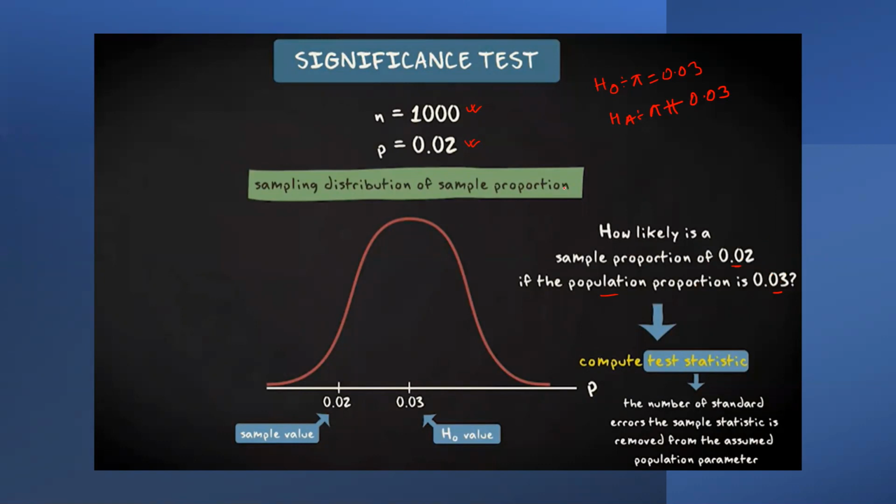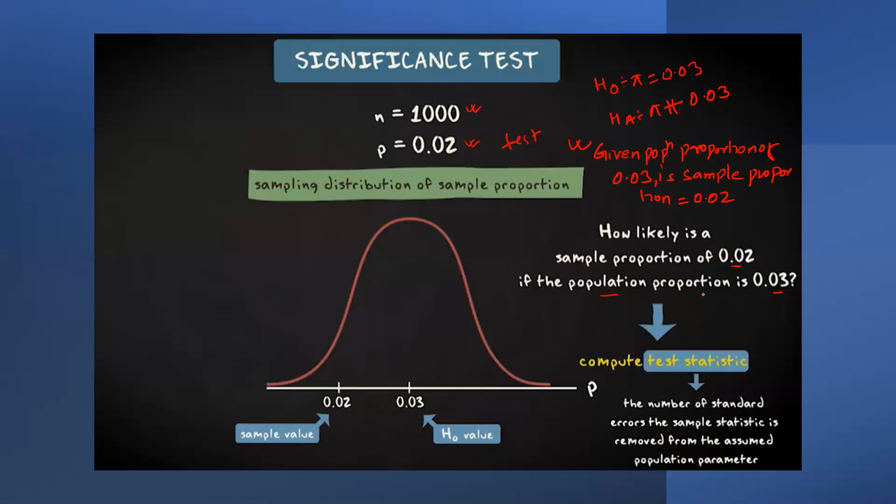So what we need to test is, given a population proportion of 0.03, whether the sample proportion equals 0.02.